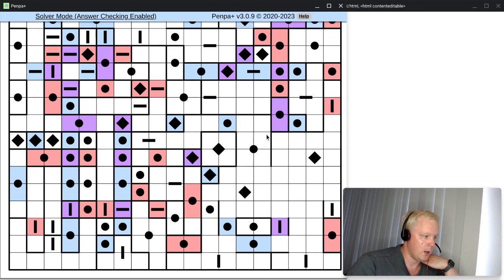Now, what about, yeah, these still have options, I think. No, they don't, maybe. So these two cells have to be part of this, because if they were part of this horizontal line, the counterparts would be here.